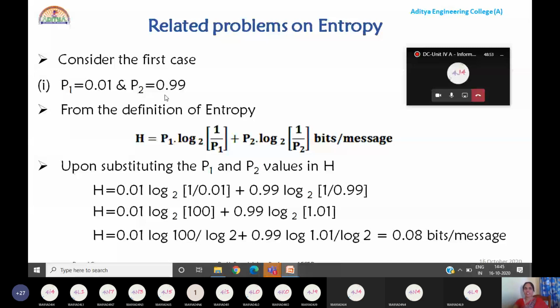We studied this condition as one of the properties. Which property is it? P2 is approximately equal to 1 and P1 is approximately equal to 0. Which property is it?